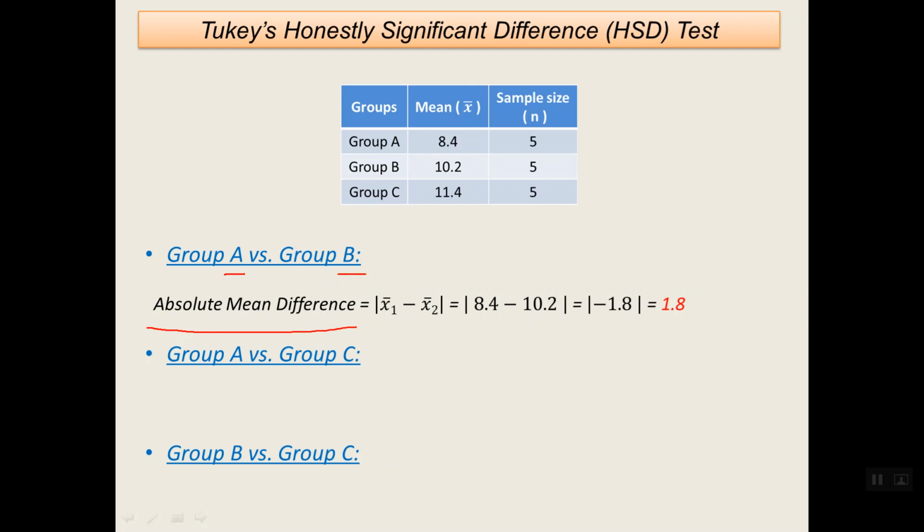Mean A is x1 bar and mean of group B is x2 bar. So the absolute difference is the absolute value of 8.4 minus 10.2, which is minus 1.8, so it is positive 1.8. So 1.8 is the absolute difference between group A and group B.